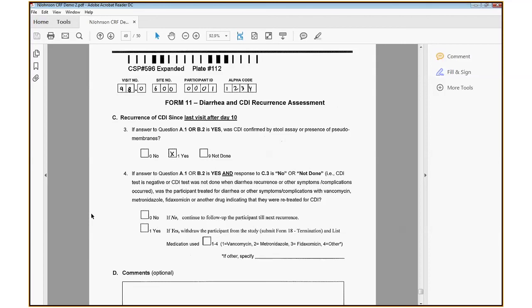Was the participant treated for diarrhea or other symptoms, complications with vancomycin, metronidazole, fidaxomicin, or another drug, indicating they were retreated for CDI? If this is no, continue to follow the participant until the next recurrence. As I said, they could continue the study. If yes, withdraw the participant from the study, submit Form 18 termination, and list medication used.